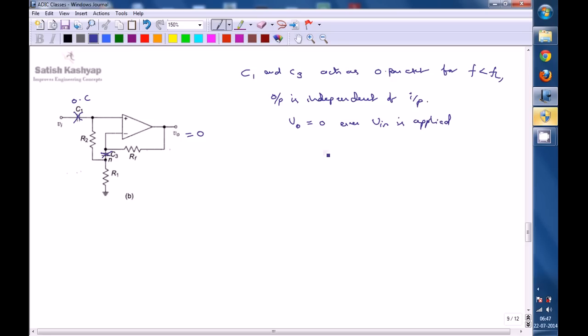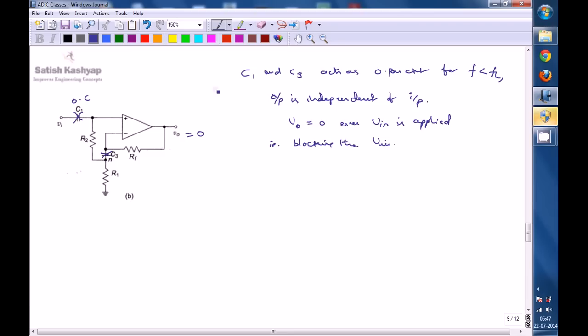So the input signal is suppressed, meaning it is blocked. The DC component as well as low frequencies up to FL are blocked, because the capacitors act as open circuits.